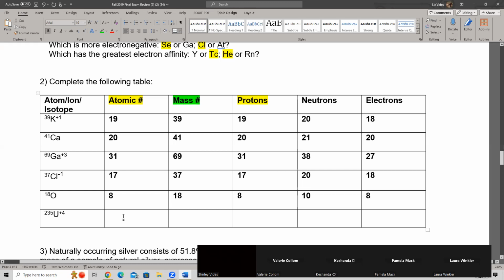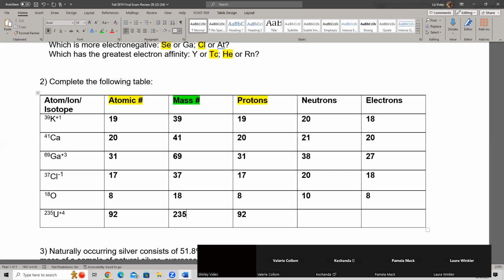Uranium. Oh, this one's a fun one. Uranium is 92, because remember, this is what gives the identity to the atom. You know which atom it is if you count the number of protons. So that's why they never changed. The atomic number and the protons are the same. The mass given to us is 235, and I'm trying to find the neutrons.